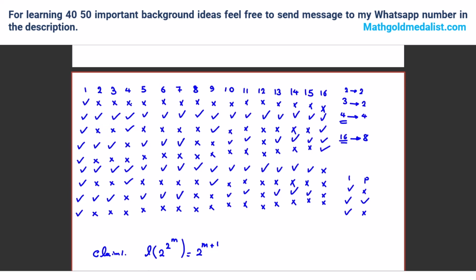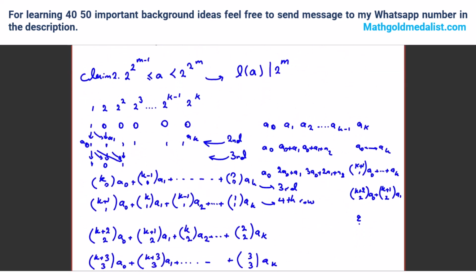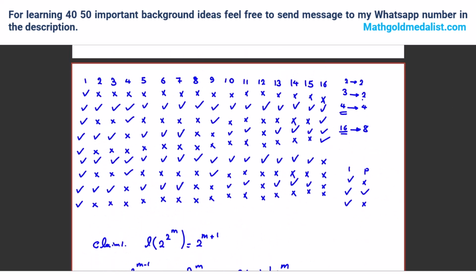For fourth row, L of 4 is 4. In the fifth row, it is 0 again, all of them, right? So we consider first row, this one. First, second, third, fourth, fifth.